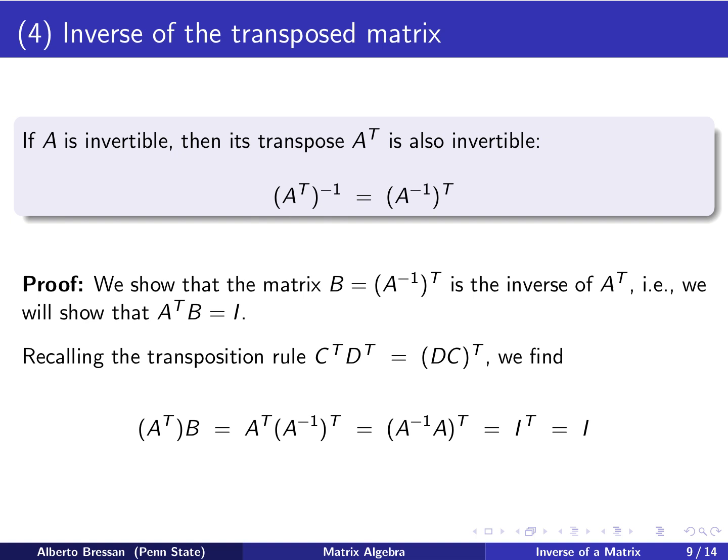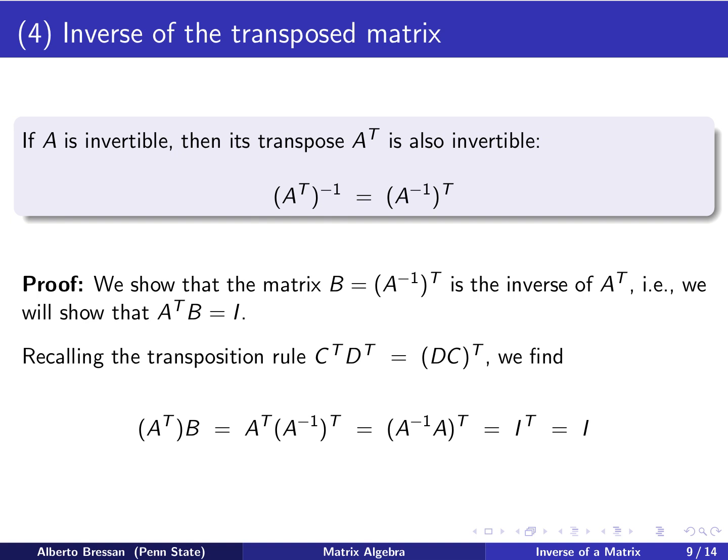Okay, now let's start from this expression on the left and see if we can prove that it eventually equals an identity. Okay, so A transpose times B equals, what is B here? Well, B is this guy. We called that guy B, right? So I have A transpose times A inverse transpose.